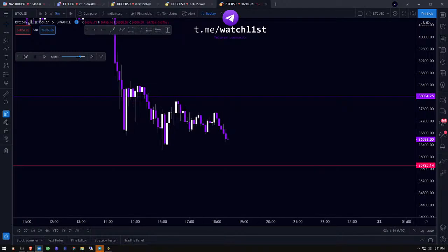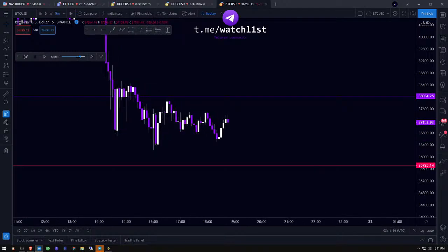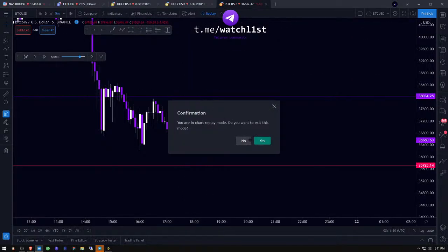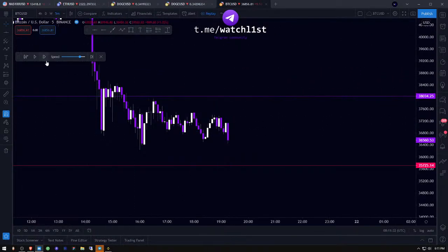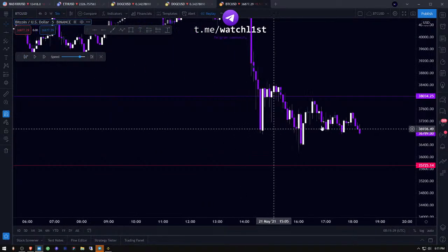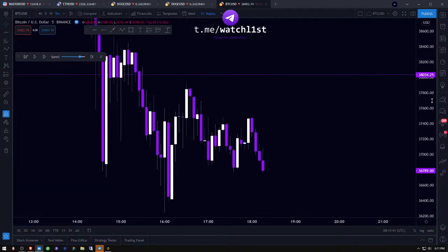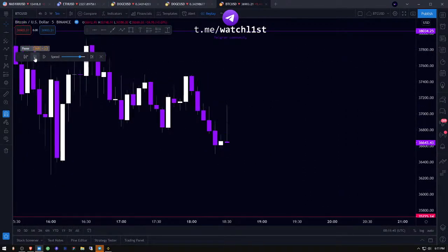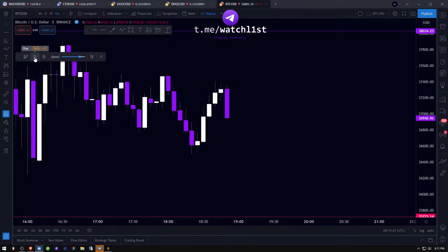So look, right there, this one. See these bullish candles here? Just take a look. I'll zoom right in. Now take a look at what they do. You see that? Straight away, their first move was a massive bearish push.